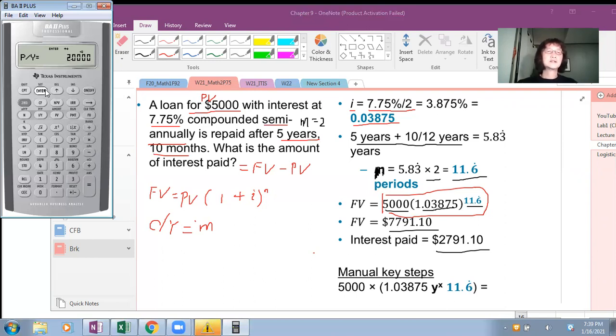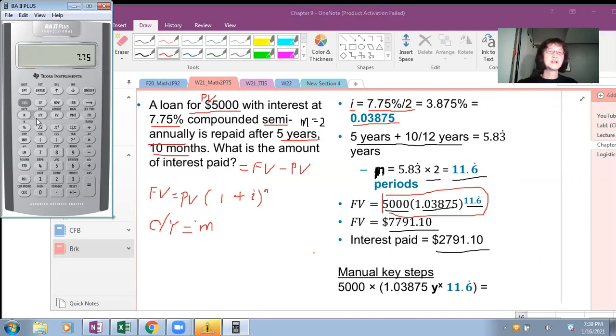So enter. Down arrow key, you have CY 2. Enter. Second, quit. Now enter 5,000. 5,000 is the present value PV. Then 7.75. When you use the calculator, you directly type in the nominal rate without the percentage sign. It is just 7.75.